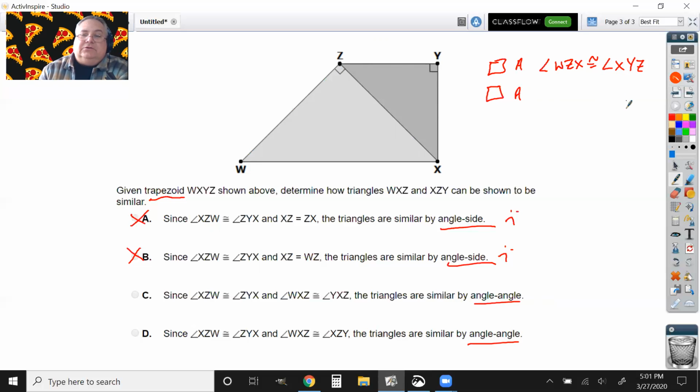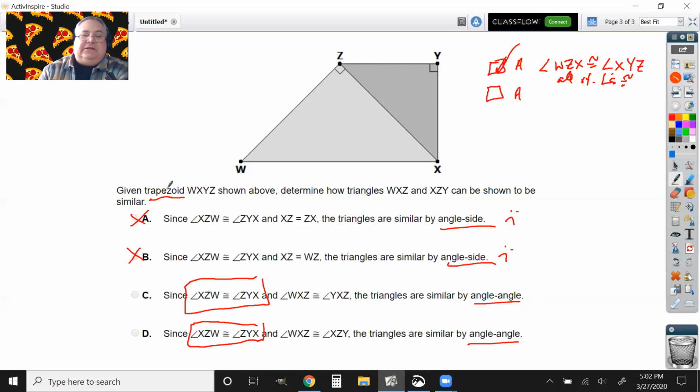They're two right angles, right? So my reason for that one would be all right angles congruent. Check. Now, when I look down here, this says XZW, ZYX. This is a correct statement, so we can't rule that one out yet.